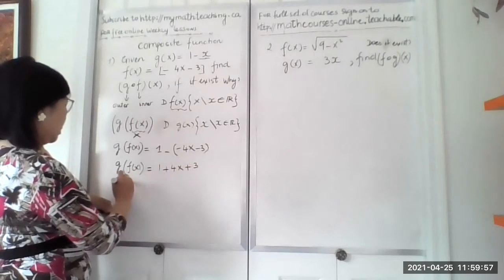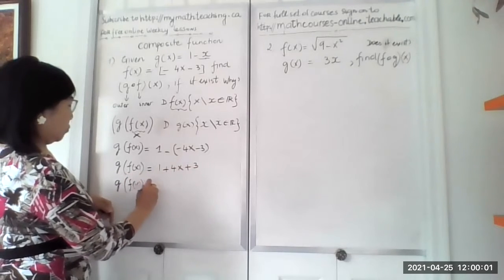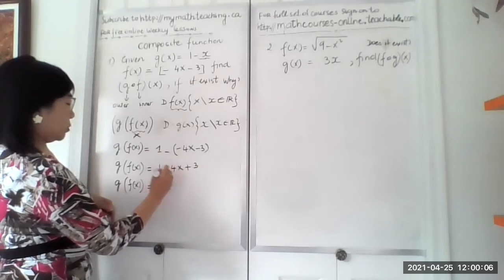So the answer for the composite function g of f of x is 4x, with 3 plus 1 being 4.